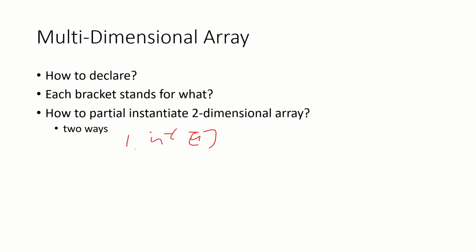This gives us 3 rows, but we don't know how many columns are in each row, so we want to access that row.